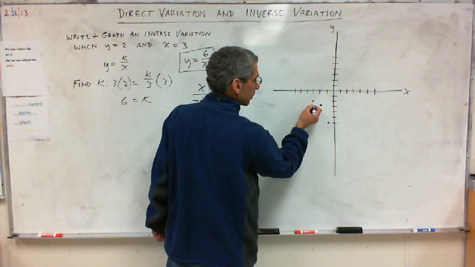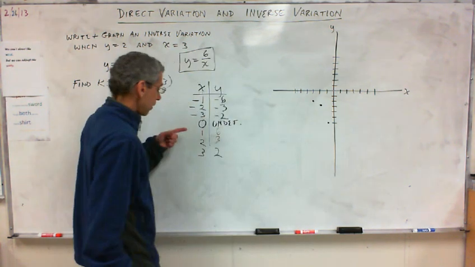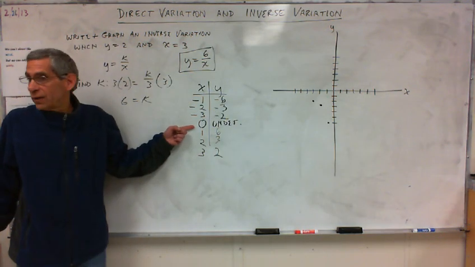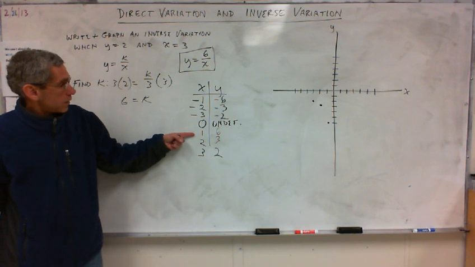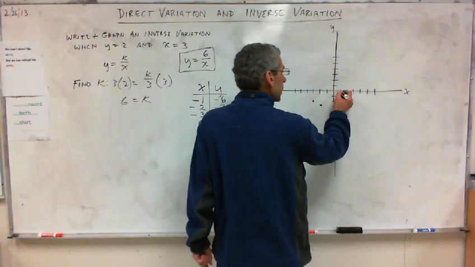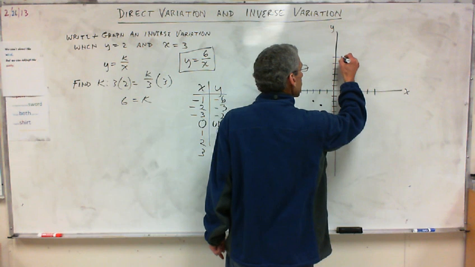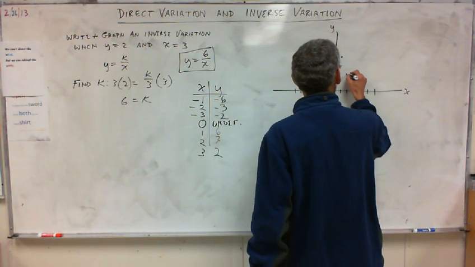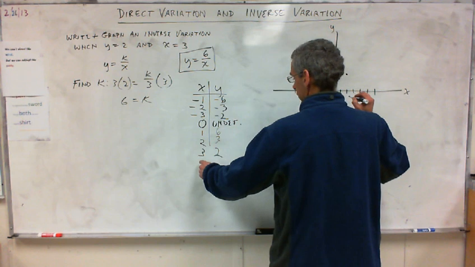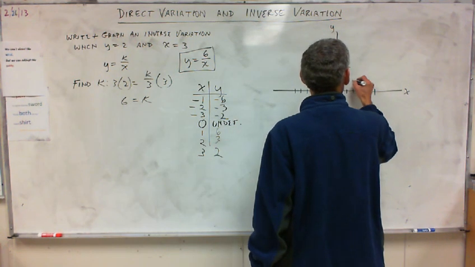Oh, this is weird. It's kind of weird, isn't it? And then I have 0 is undefined, so I can't do anything at 0. And 1, 6. So 1, 6 right there. 2, 3 right here. And then 3, 2 right here.